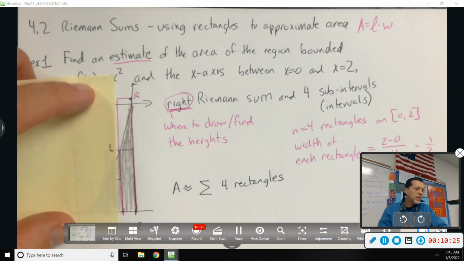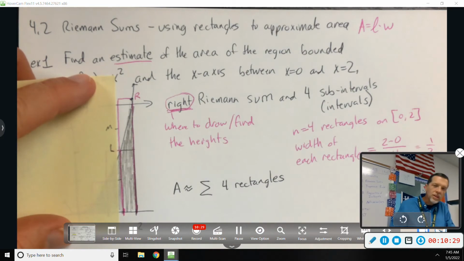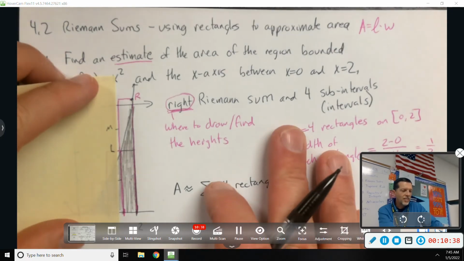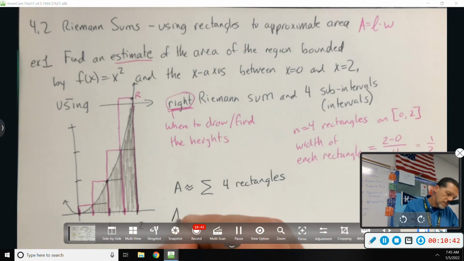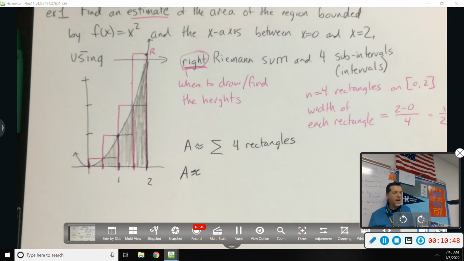If we did a middle, that'd probably be the most accurate, but I don't know if we know enough to say if it's an over or an under. We'll do middles tomorrow. Today is just left and right. So don't worry about formulas, just worry about adding up the rectangles.